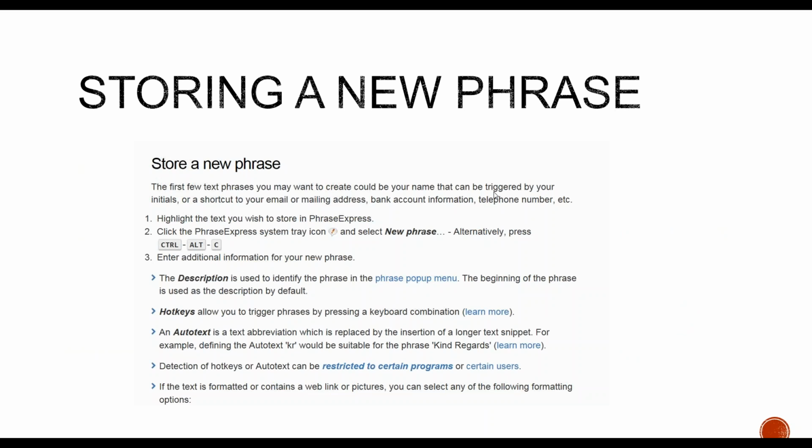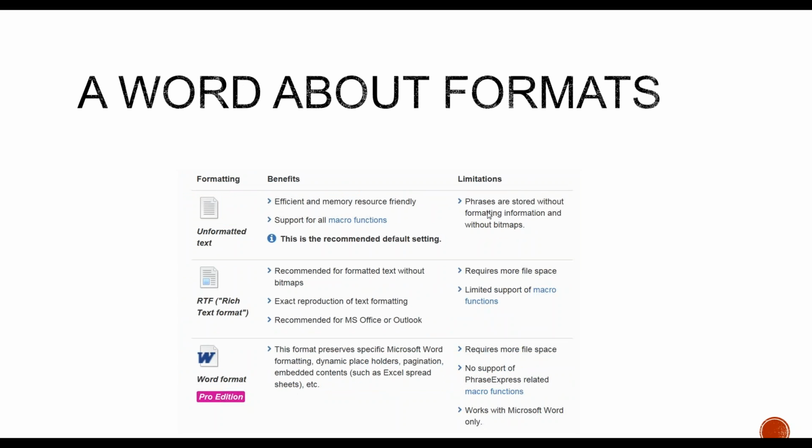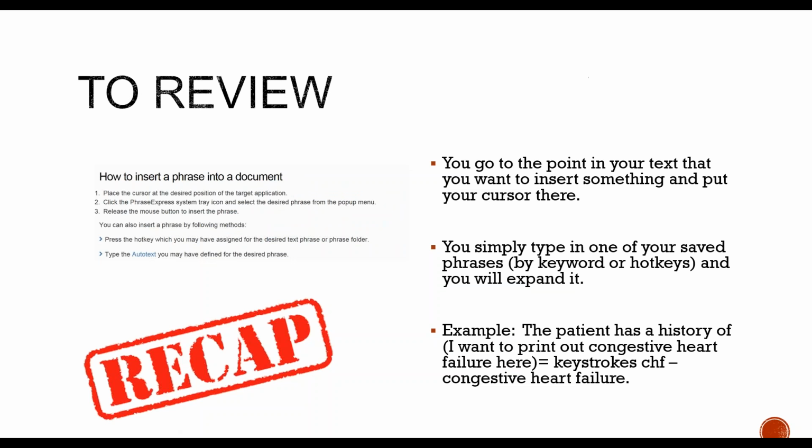It is very simple. As I said, to me, it's tedious because all of these things were not in there already. The word about formats, as I was mentioning, you can save it these different ways, so it won't wiggle around with formatting, change fonts, things like that.